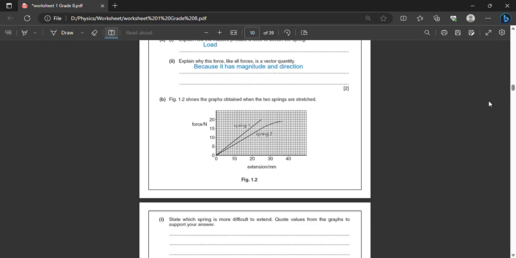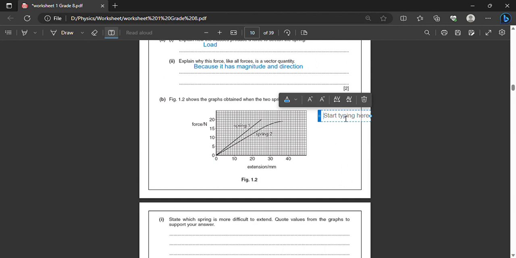The next question is again about a graph, and here it shows the graph of the two springs being stretched. State which spring is more difficult to extend, and quote values from the graph to support the answer. They said how difficult to extend, so we check which one has the higher spring constant.